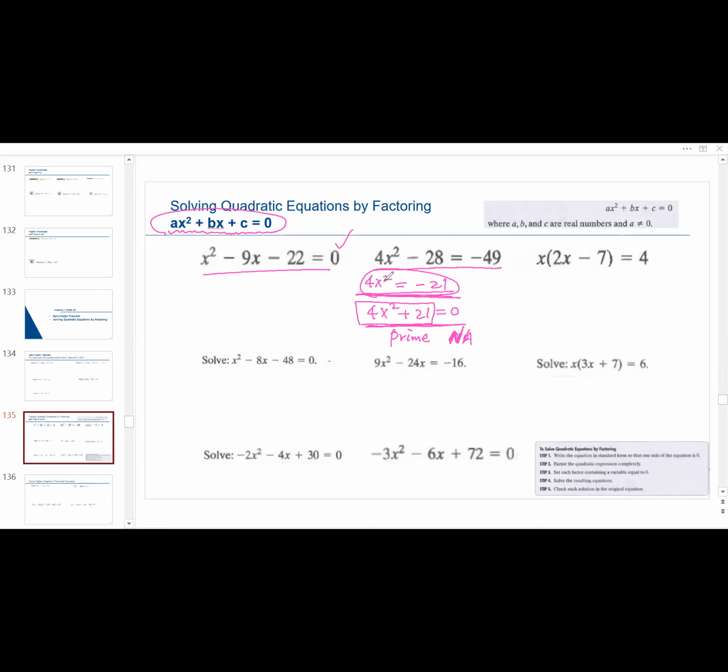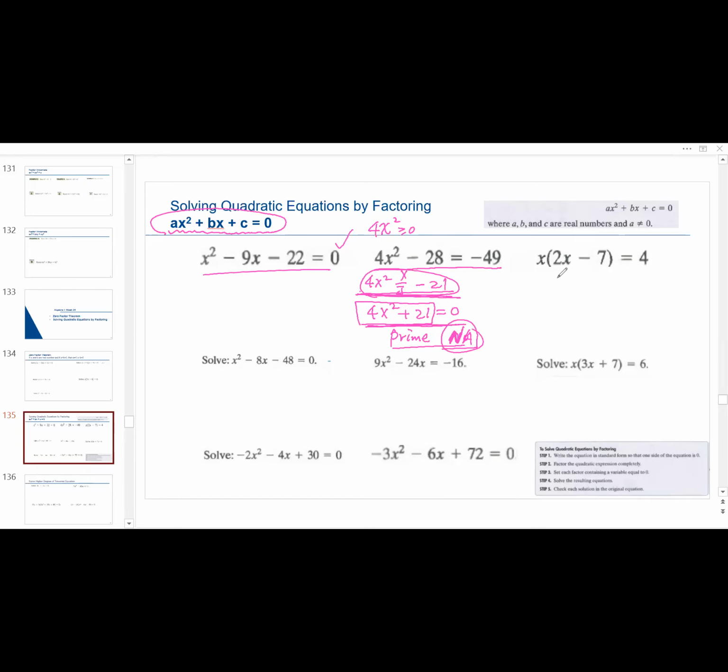So 4 times x squared, any number squared is always greater than or equal to 0, so 4 times it is still greater than or equal to 0. And the right part is negative 21, a negative number. So this equation cannot make sense, right? So it means there is no solution.